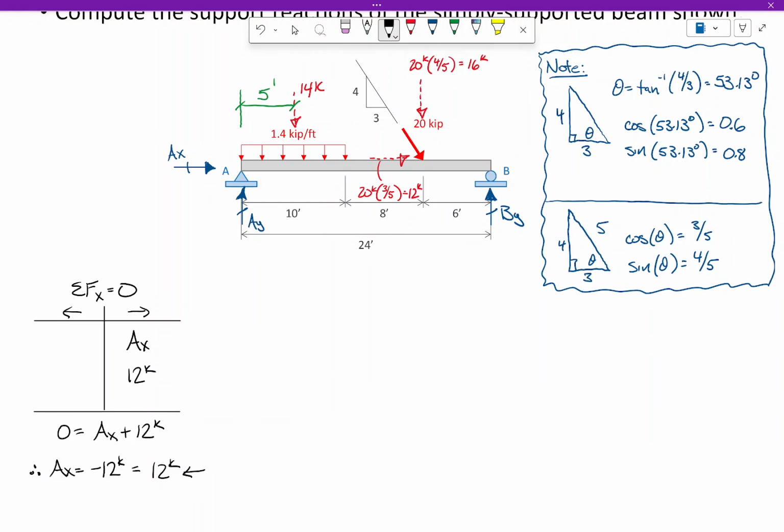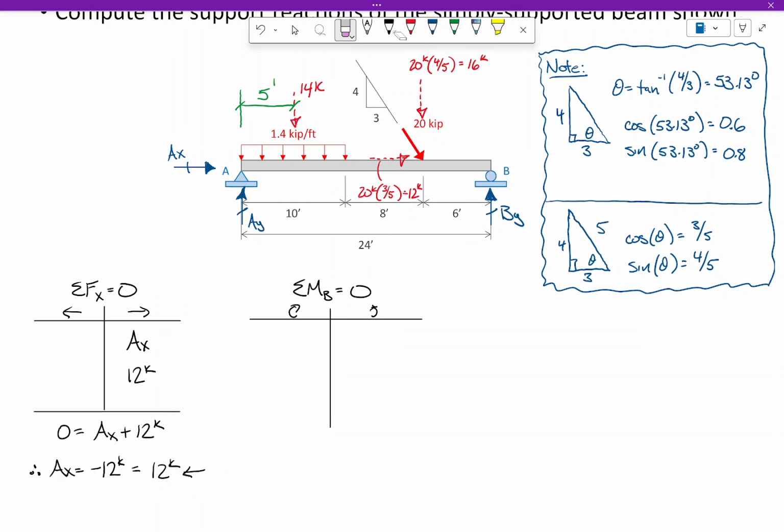Let's do that, just to be different. Let's see what happens. I'm being different today. Okay. All right. So, let's see what happens.